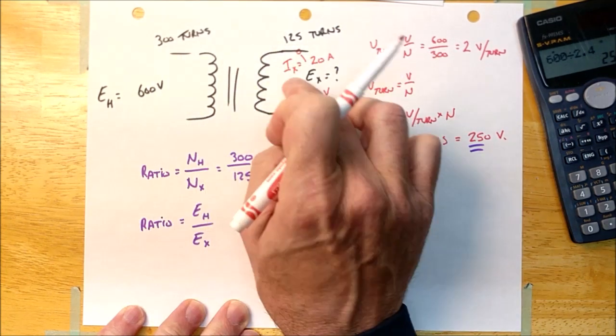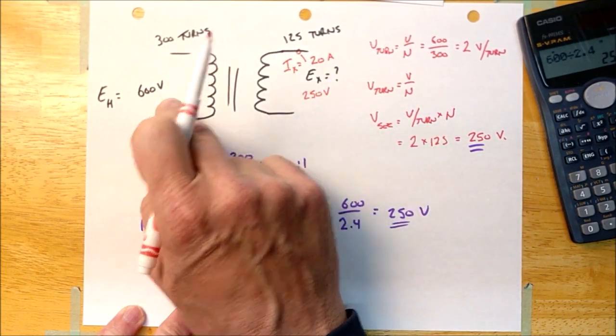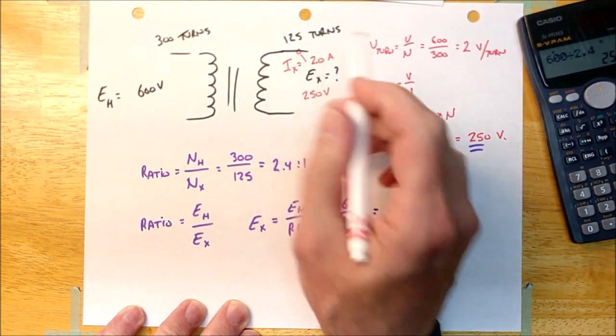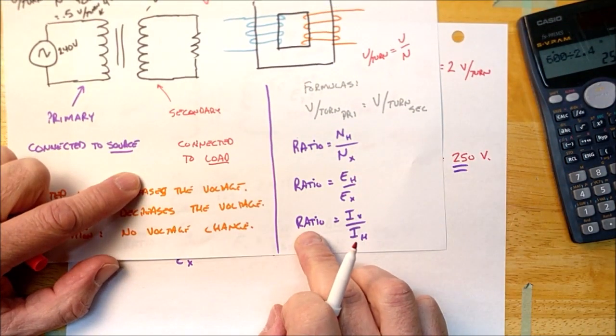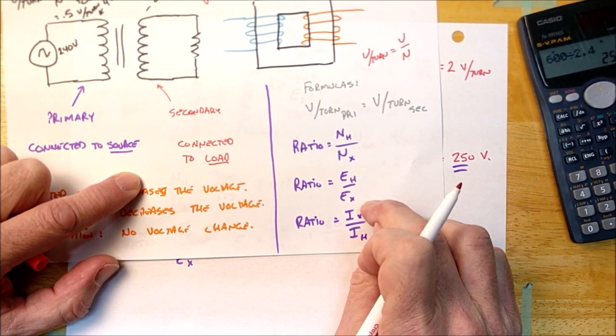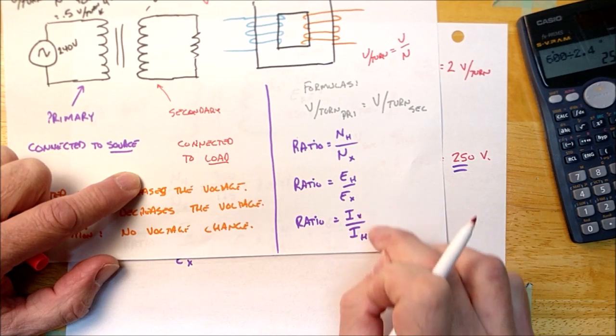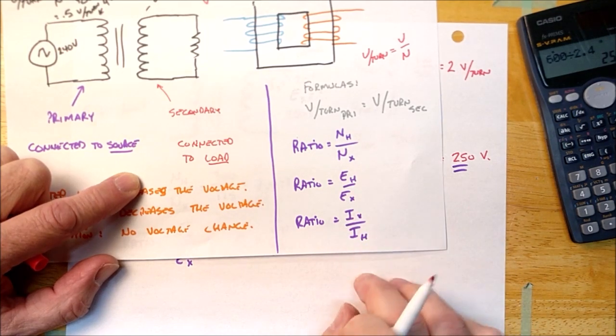Well, and that's because the VA on this side is equal to the VA on that side, and we'll talk about that in a minute. But what I want to do is look at this formula right here, where the ratio is the current on the secondary side, or on the low voltage side, over the current on the high voltage side.